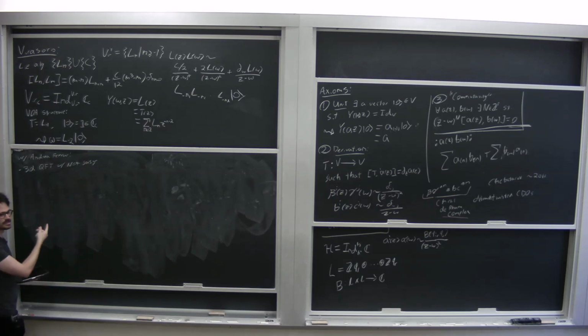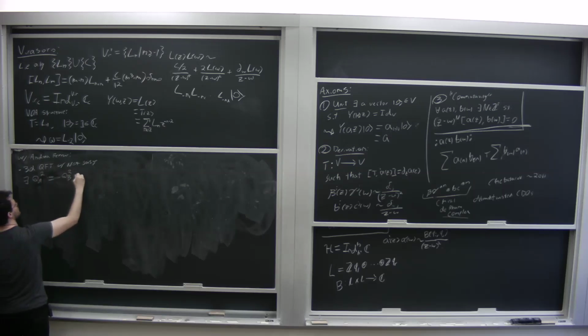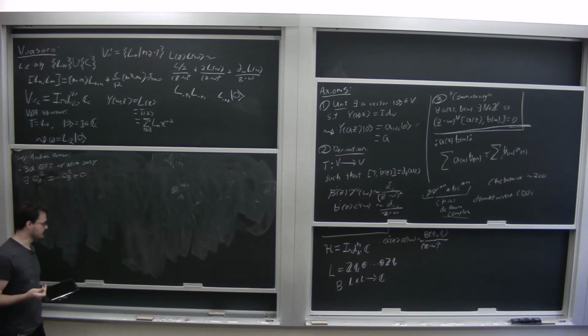So in the symmetry algebra for the space-time of such a theory, there exist two operators, Q_A and Q_B, that both square to 0, so Q_A squared equals Q_B squared equals 0, and these are called supercharges. Roughly speaking, I can look at the structure of my quantum field theory through the cohomology of these square-0 operators.